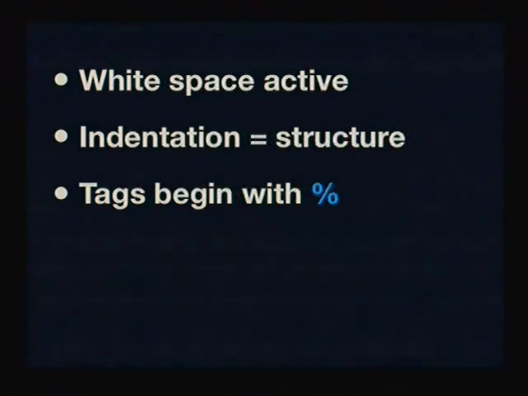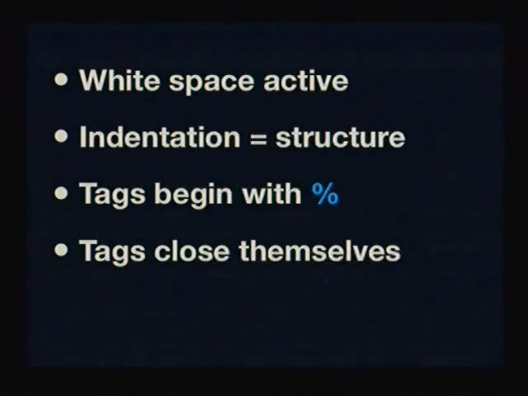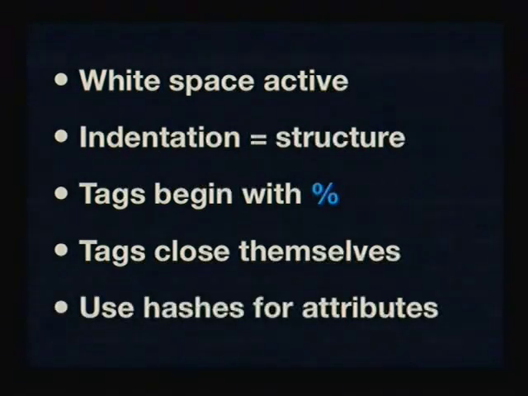So not a left angle or right angle bracket, but just % and then whatever the tag is. Tags close themselves. So unlike regular HTML or ERB, you're not constantly opening and closing tags. You just write the basic tag with the % sign in front of it. And if you have a set of attributes for a particular tag, you use a Ruby hash for that.